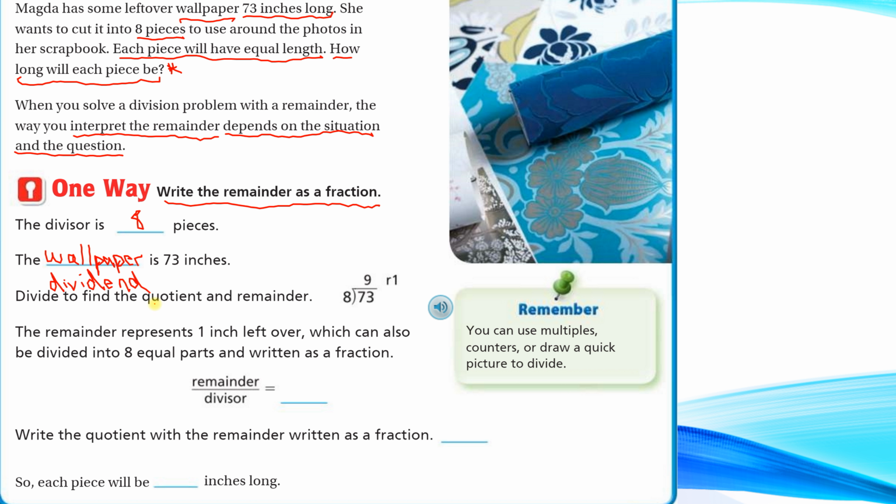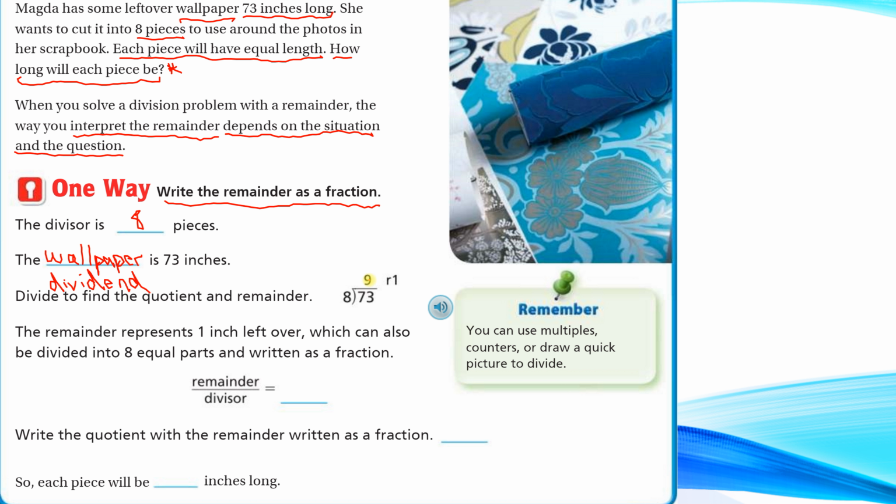Okay, divide to find the quotient and the remainder. So here we have 8 goes into 73 9 times with a remainder of 1. Okay, so the remainder represents 1 inch left over from our wallpaper, which can also be divided into 8 equal parts and written as a fraction.